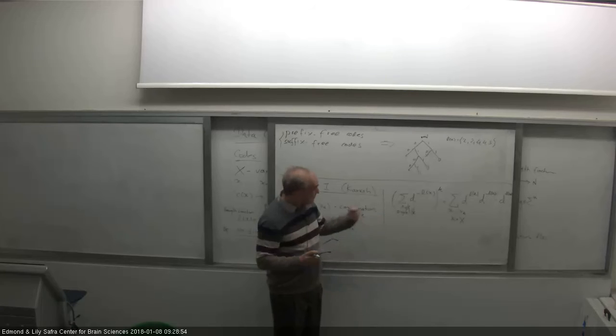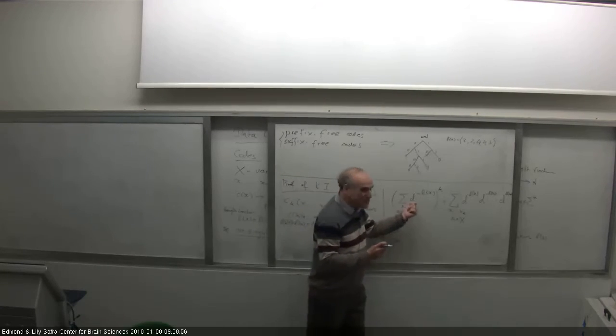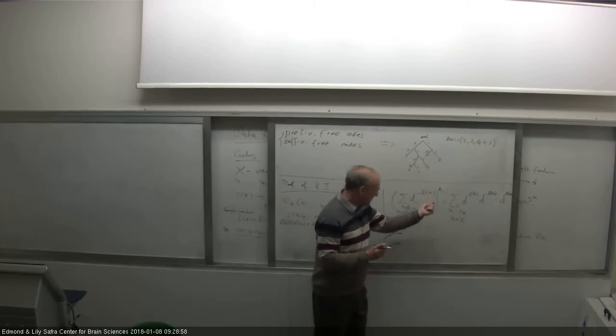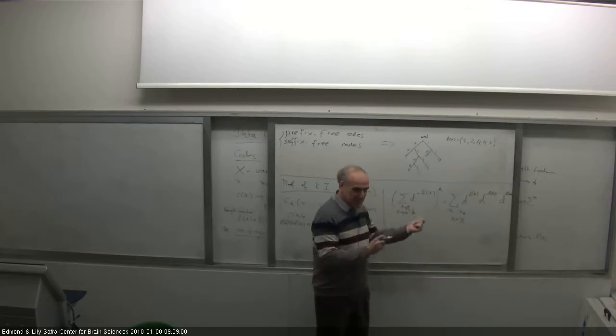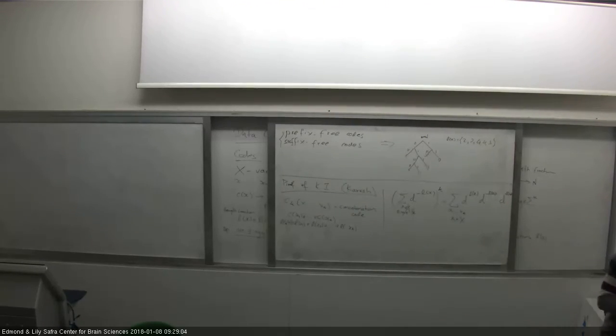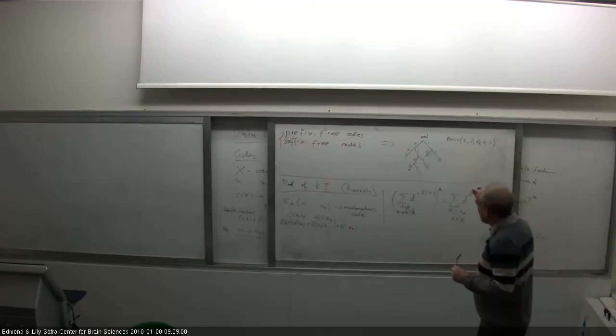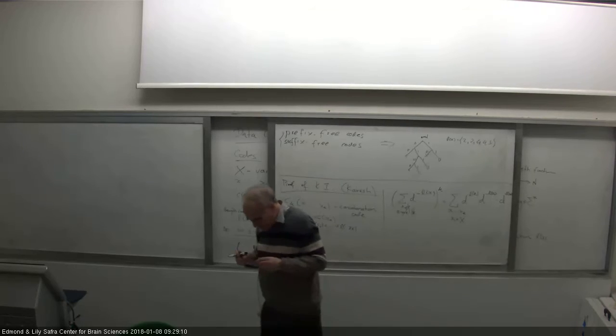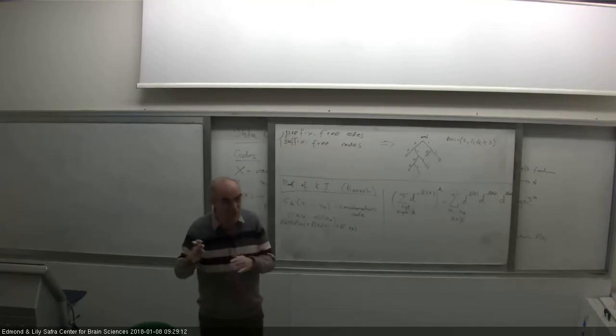All the permutations, every order appears there. All the possible orderings, the cardinality of X to the k.